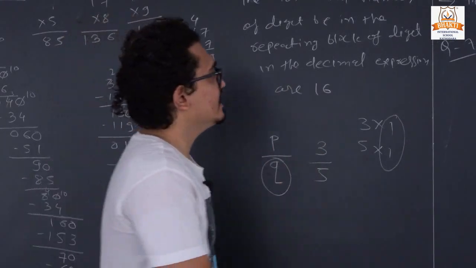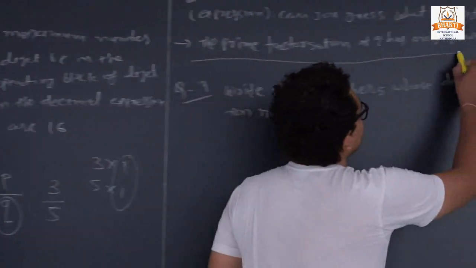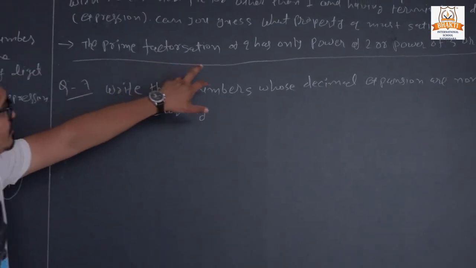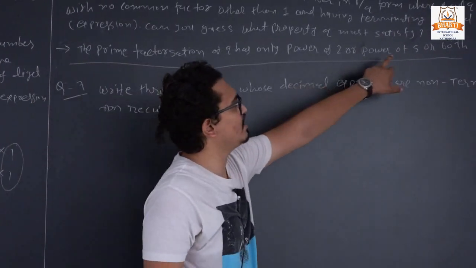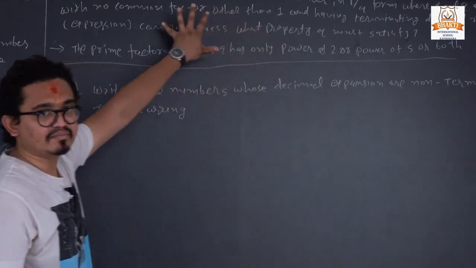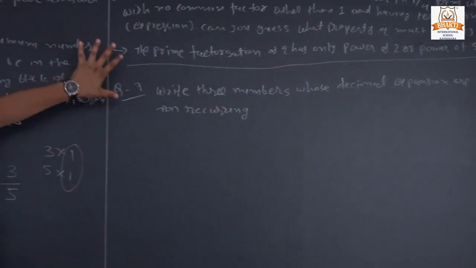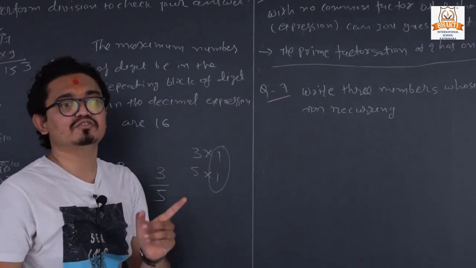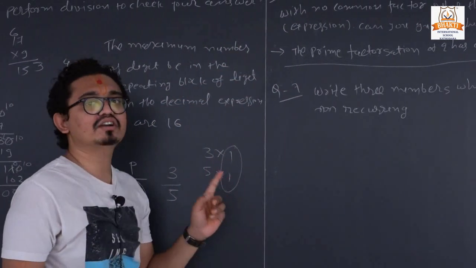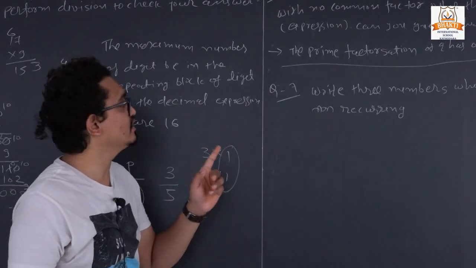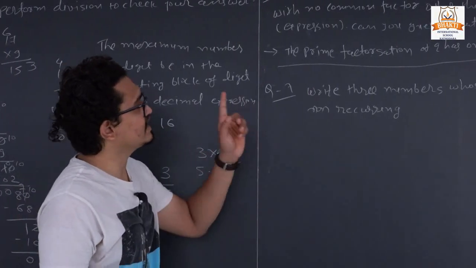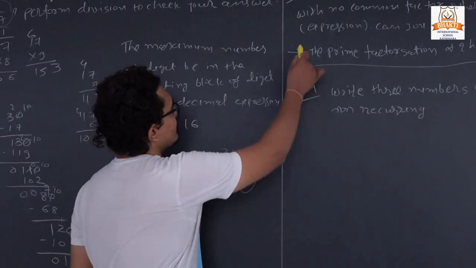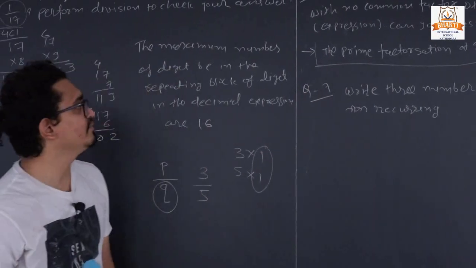So they compulsorily follow that property. Which property? The prime factorization of q has only powers of 2 or 5 or both. If this condition is satisfied, then we can represent any rational number in decimal form. Otherwise we cannot represent that rational number in decimal expression. So you must remember that one condition.